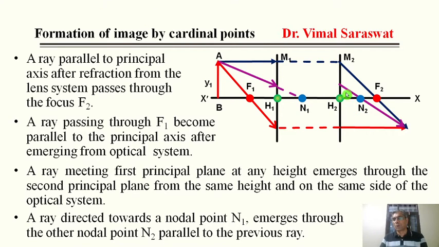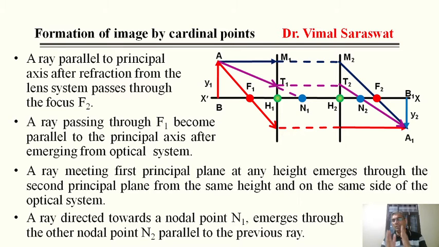So it passes through the second nodal point N2, and also AN1 is parallel to T2N2, and in between these two principal planes it will be parallel to the principal axis. So M1M2 is parallel to T1T2, which is parallel to H1H2.